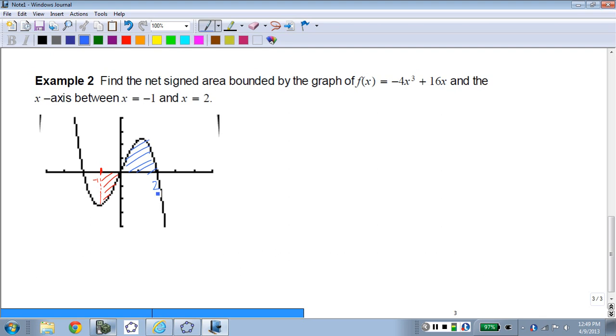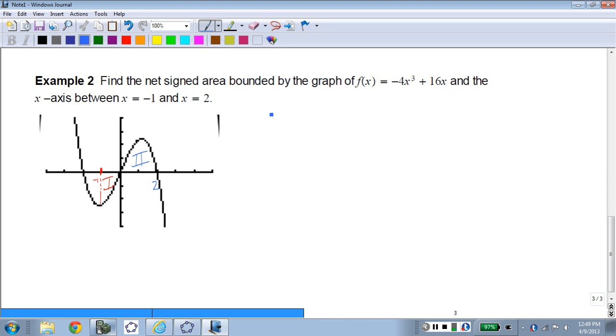So let's call this, what should I call this? Area 1, I guess. All right, so much for the shading. Area 1. And so much for the shading here. Let's call this area 2.